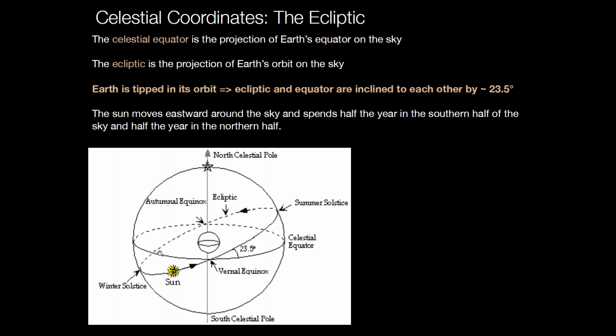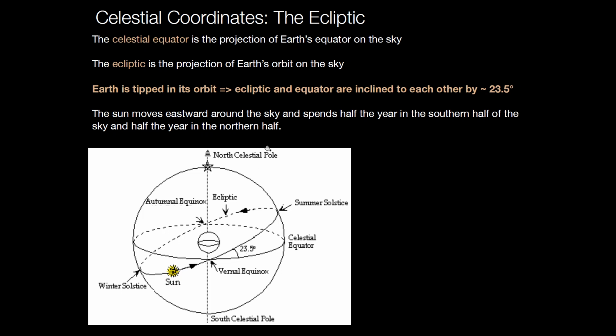So for this reason, if we're sat on the Earth, it's as if the Sun goes around each year in a circle that is inclined at 23.5 degrees to the celestial equator, right? So we've now got 3 coordinate systems to worry about.